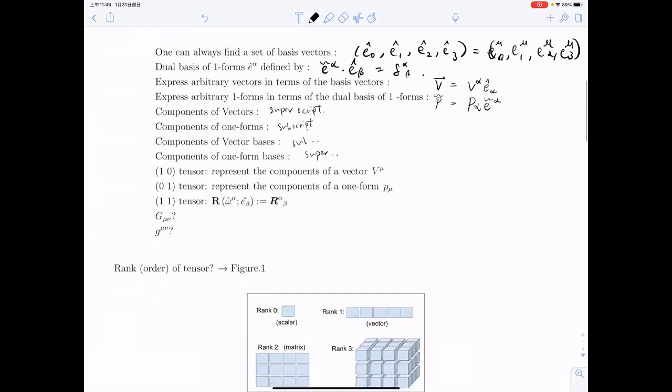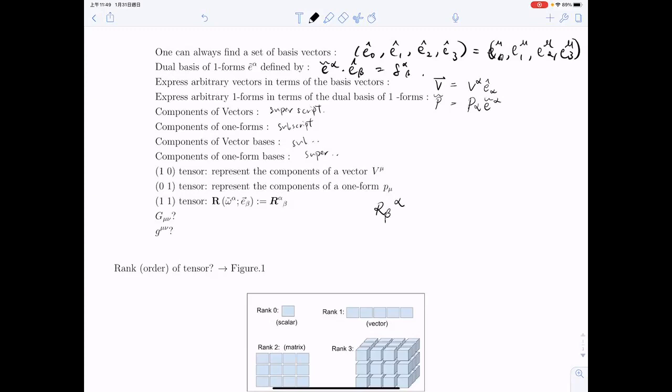How about a (1,1) tensor, which is like T alpha beta? You may wonder whether there is any difference between T alpha beta and T beta alpha. Yes, there are some differences, which you will learn after you study this chapter.